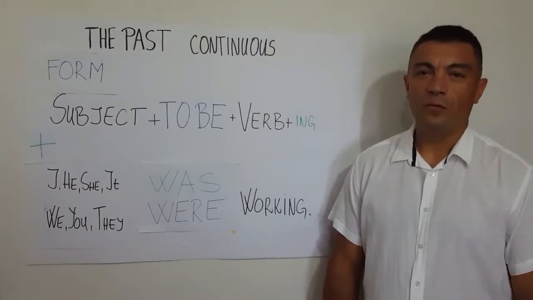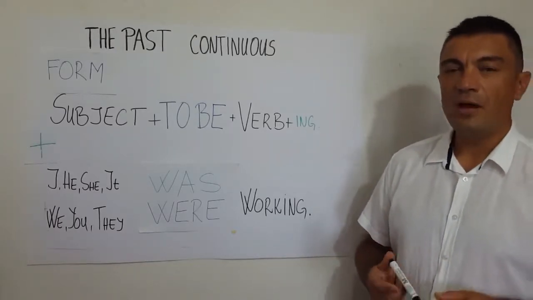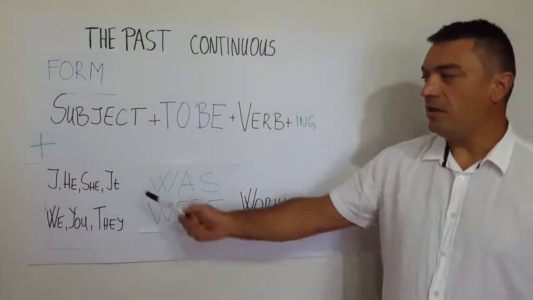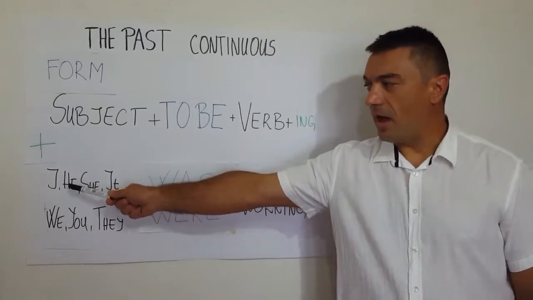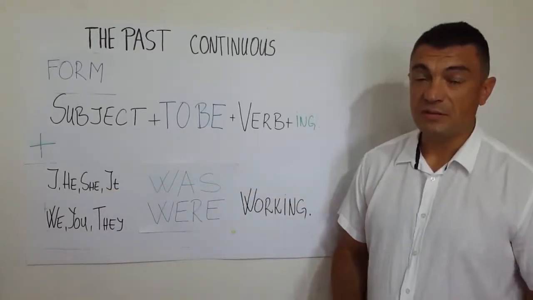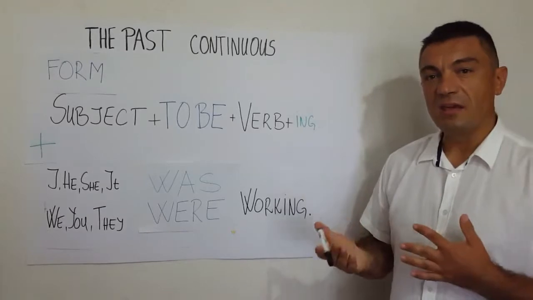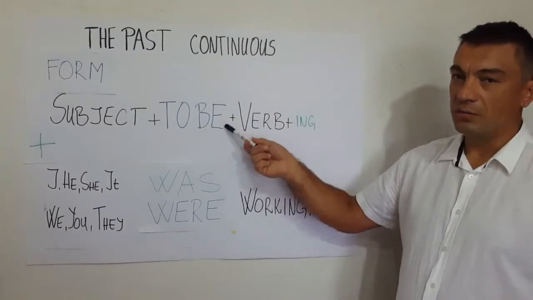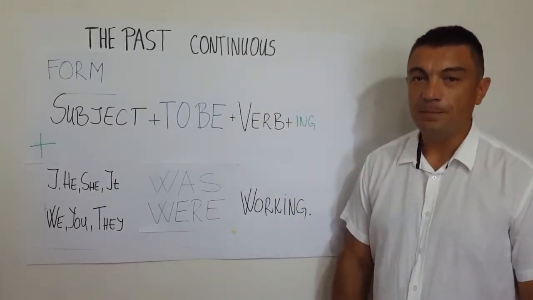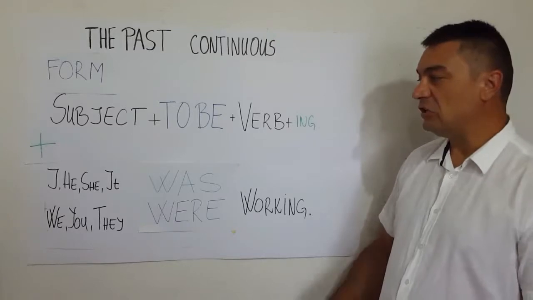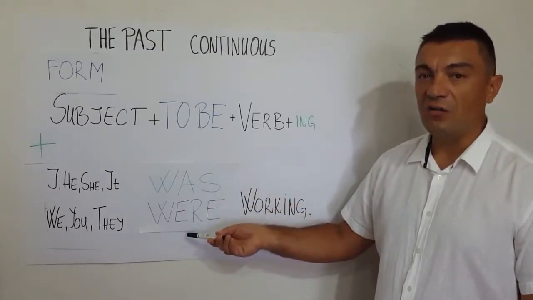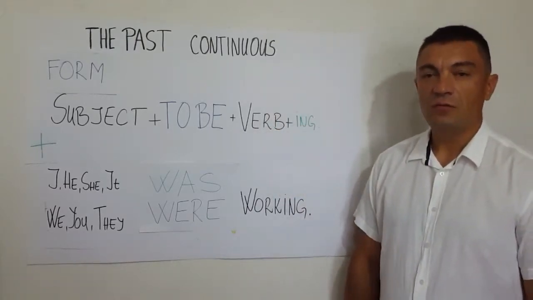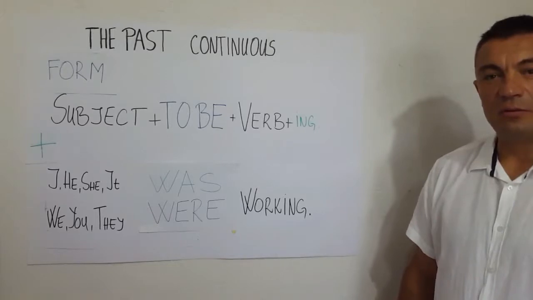Let's deal with how we form the past continuous tense. The past continuous tense is formed by subject, which can be any personal pronoun such as I, he, she, it, or any personal name like Mike, Anne, Dave, etc. plus helping verb or auxiliary verb to be, which has been conjugated into was for singular and were for plural, and main verb in ing form, which is also called present participle.